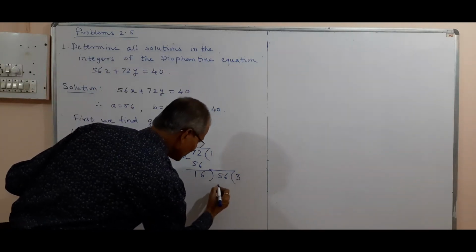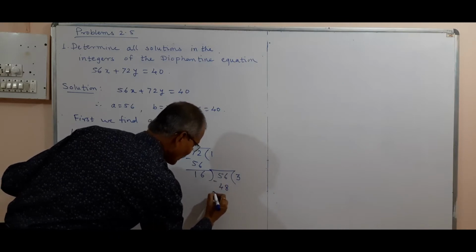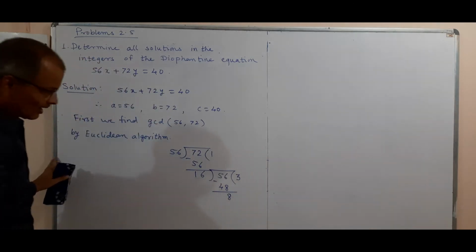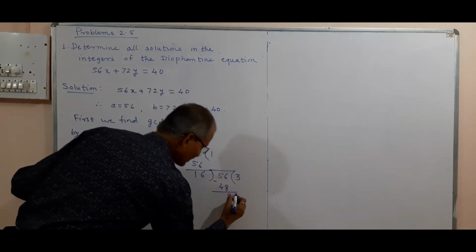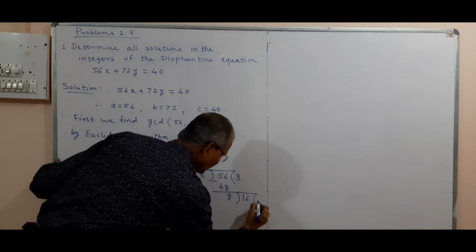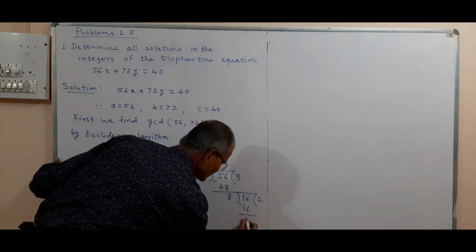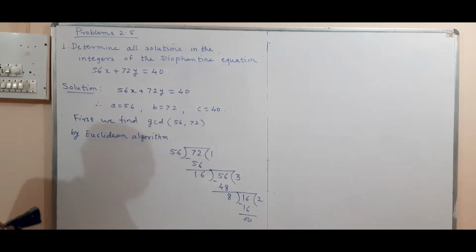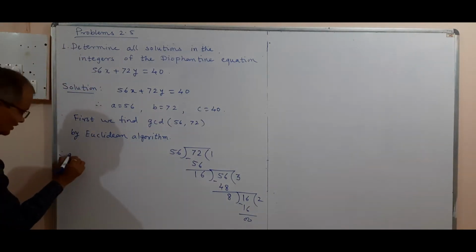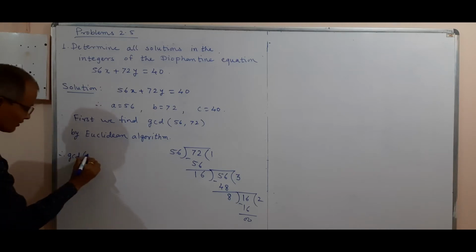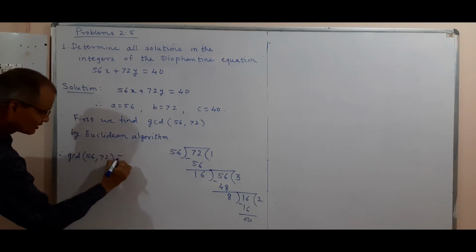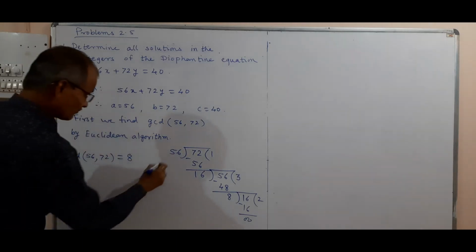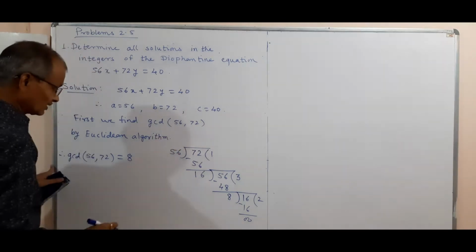The quotient is 3, 48, and again the remainder is 8. Now 16 is divided by 8. The quotient is 2, the remainder is 0. So in this process, the last non-zero remainder is 8, and therefore the GCD of 56 and 72 is 8.